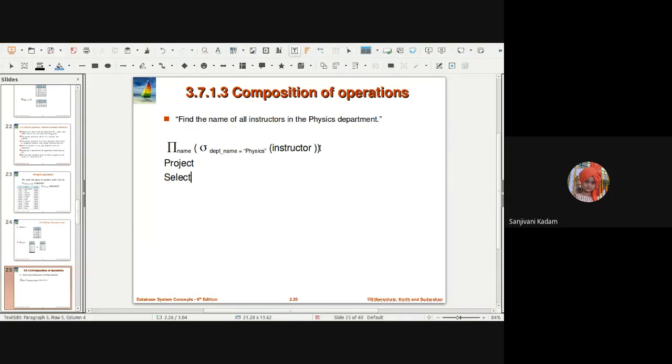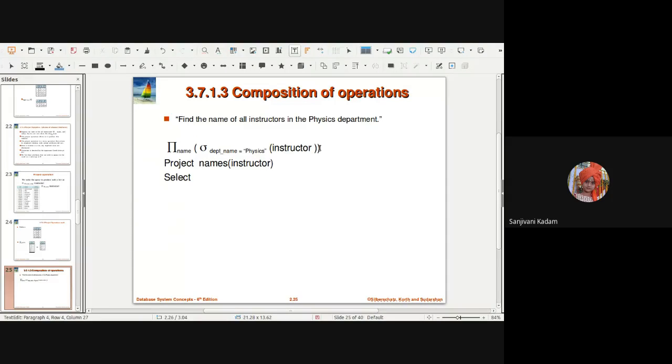My question is, shall we perform the project operation first or the select operation first? Let us understand that we first select the project operation. The project operation will only give me the names of all the instructors, simply instructor names.